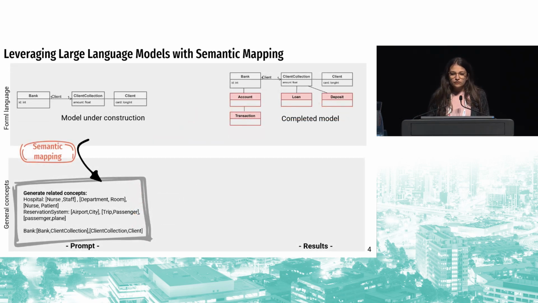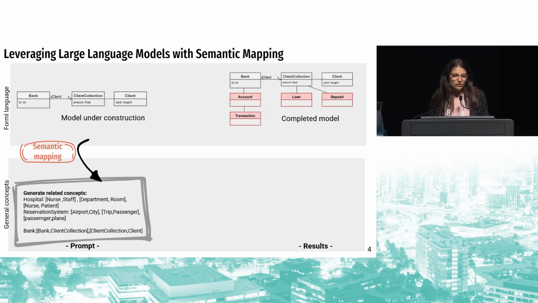The idea is then to leverage the general concepts that are encoded in these powerful large language models. For example, in our work, we use GPT-3, and we want to benefit from the concepts that are encoded.